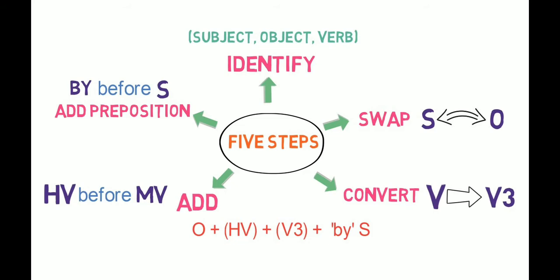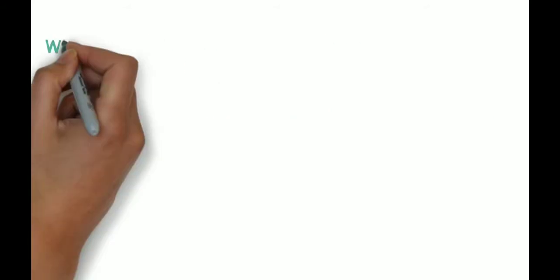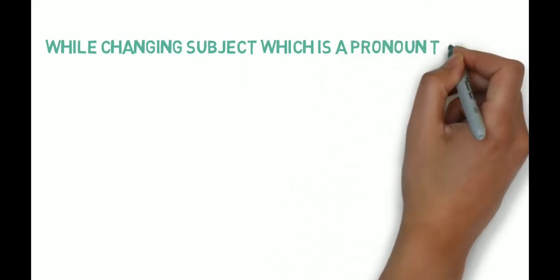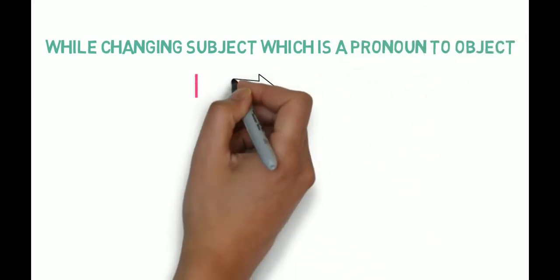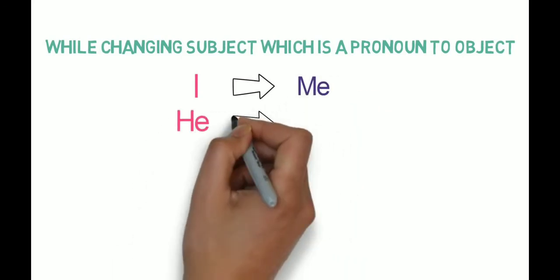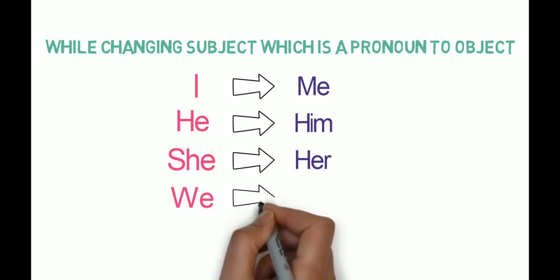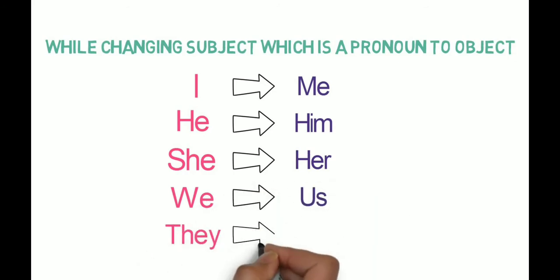There are 2 important things that need to be remembered here. Firstly, when replacing the subject with the object, if the subject is pronoun, then conversion will be like this. I will become me, he will become him, she will become her, we becomes us, and they becomes them.